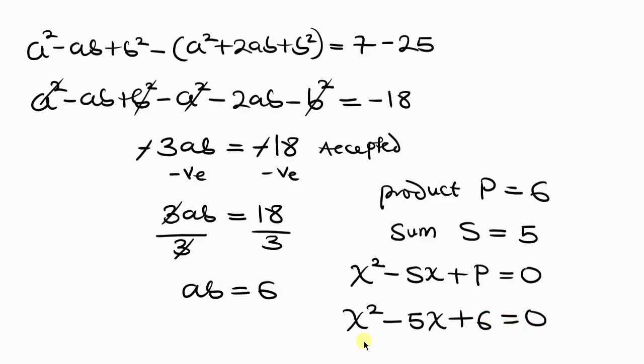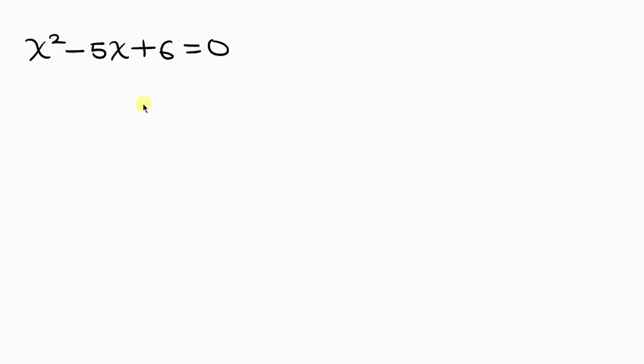And the most interesting part of this quadratic equation is that it can be factorized. So let's go ahead and factorize it. First things first, we're going to look at the coefficient of 6. 3 times 2 gives 6.